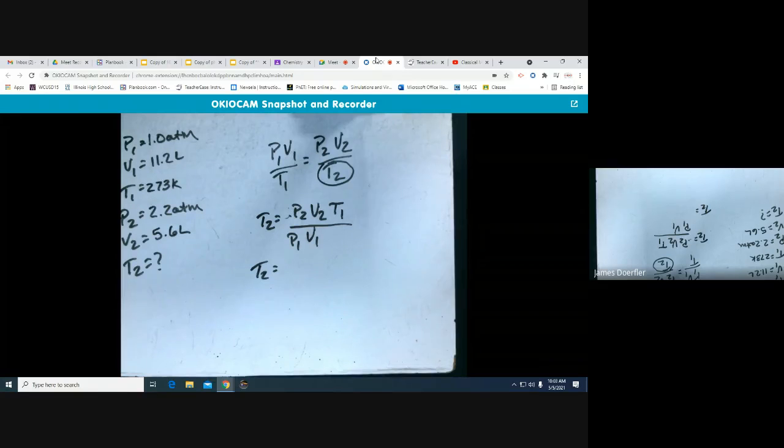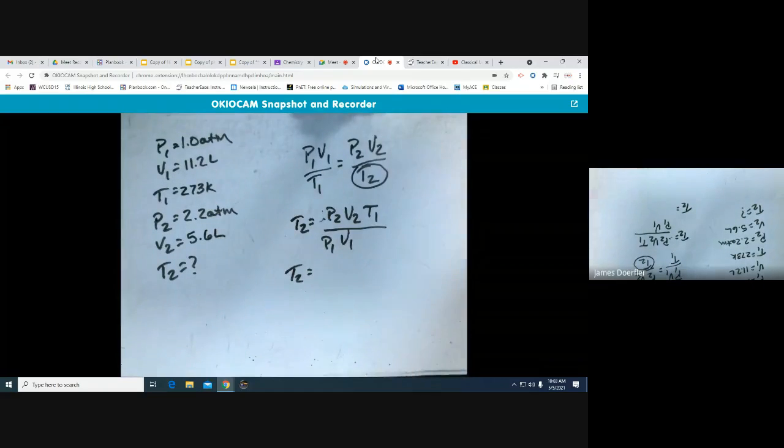So now we can go ahead and plug in the known values. Let me give you a few moments to type them.